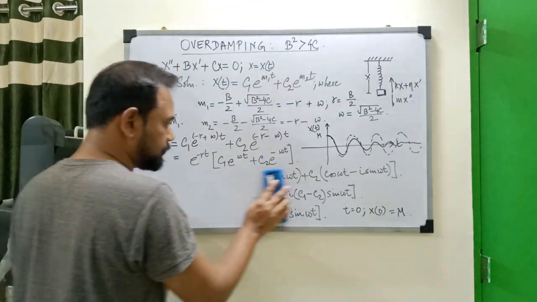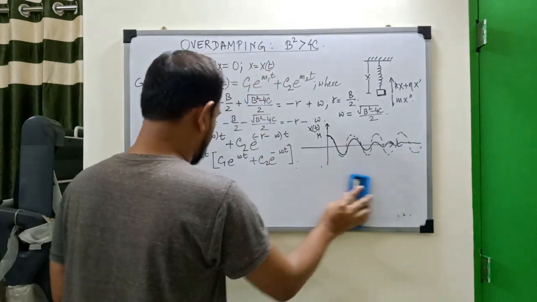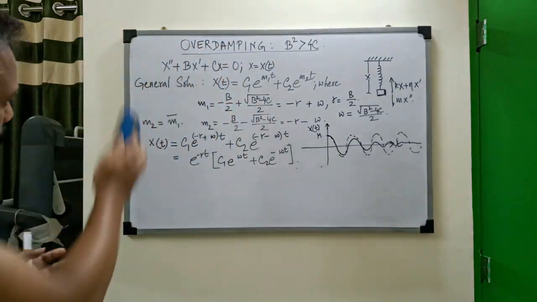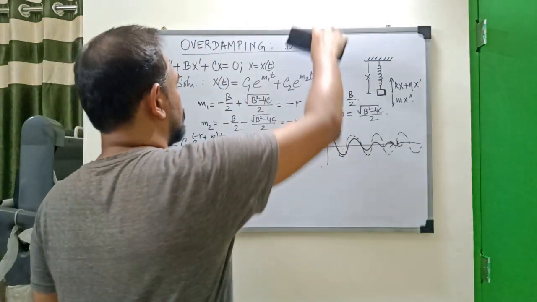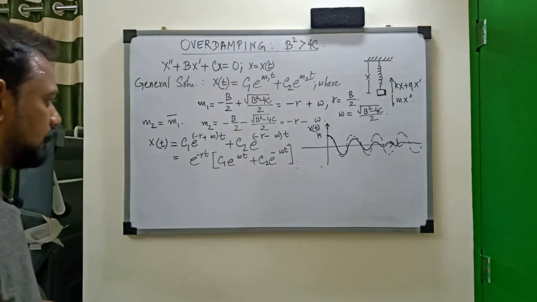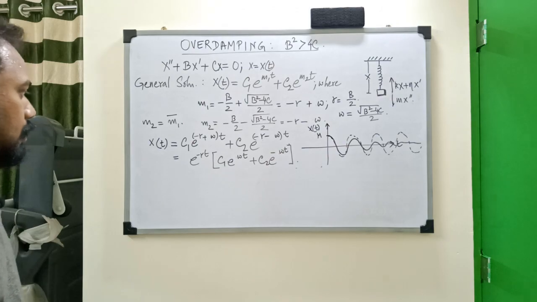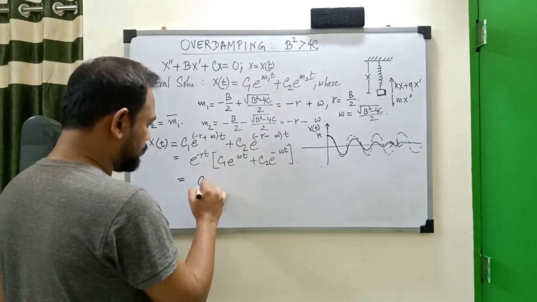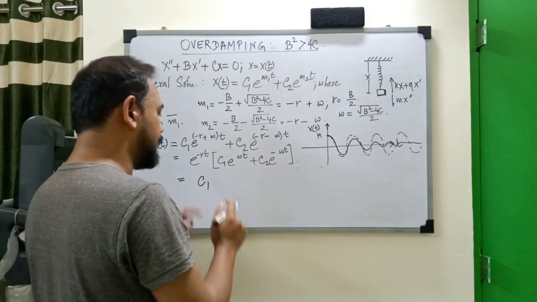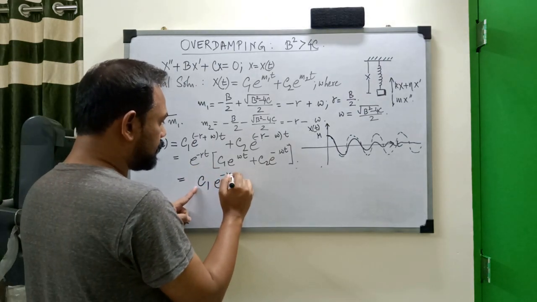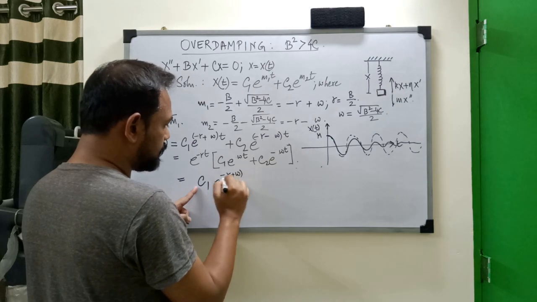So I'm just going to rub this out. So, in fact, this is what it is. If you take this a little bit further, if you take this inside, you have C1 e to the power minus r plus omega t.